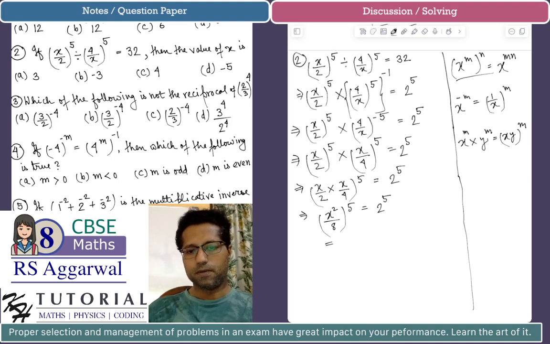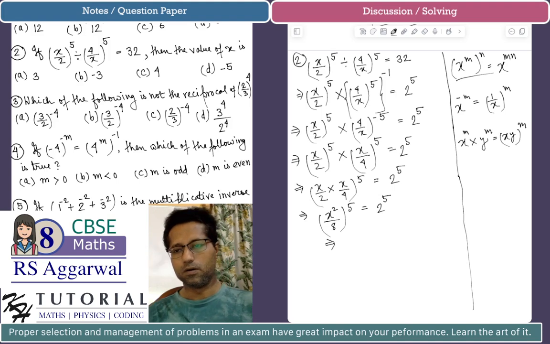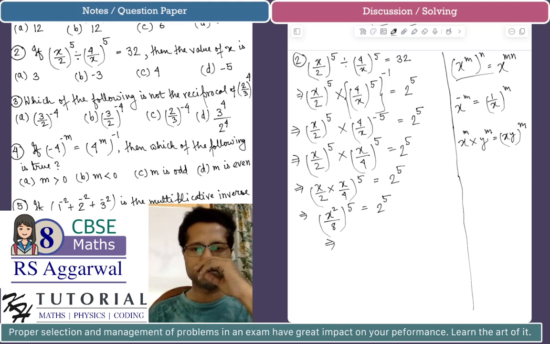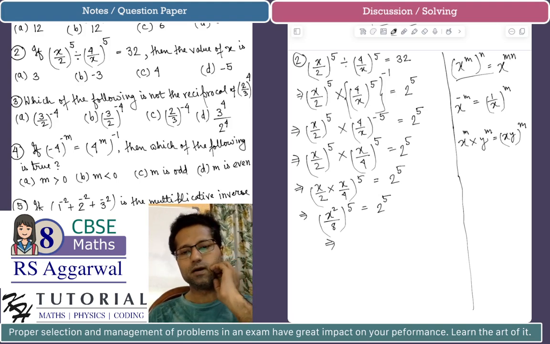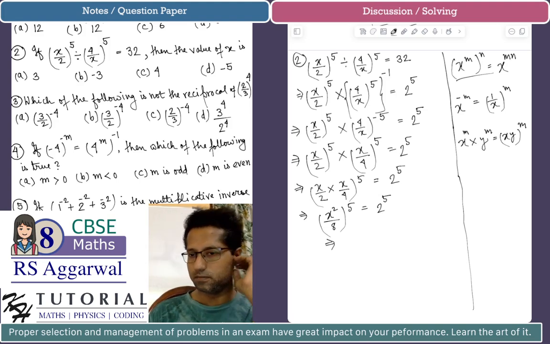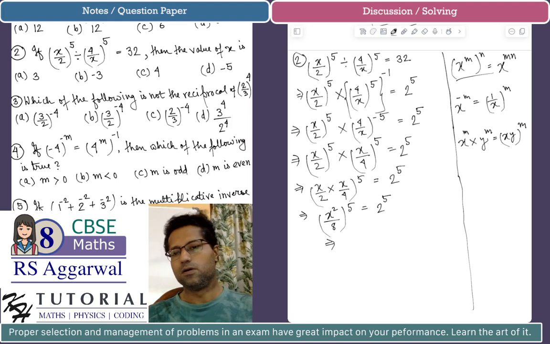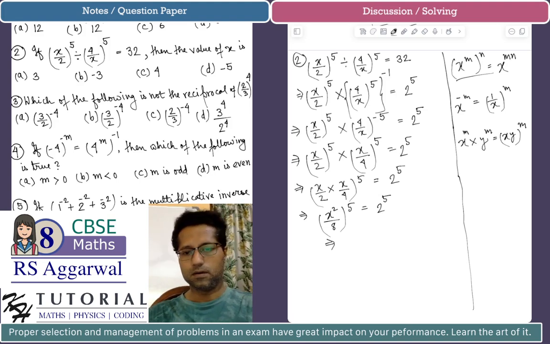Now I can see the power is same. The LHS and RHS of the equality sign are both exponential terms where the power is same. So we can equate the base, because we know that if x to the power m is equal to y to the power m, we can say this implies that x is equal to y.